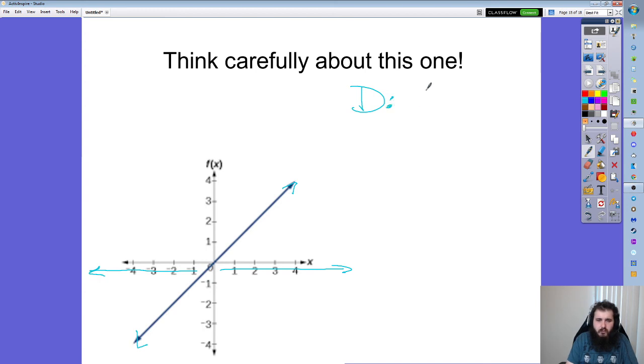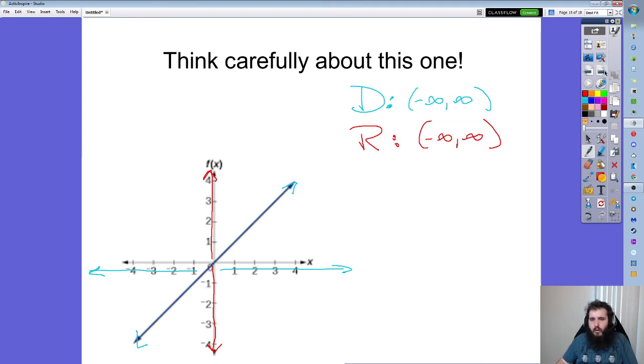So here the domain is from -infinity to +infinity because every x value is covered. The range, again, every number is covered, right? Every y value is covered. So the range is also -infinity to +infinity. All right.